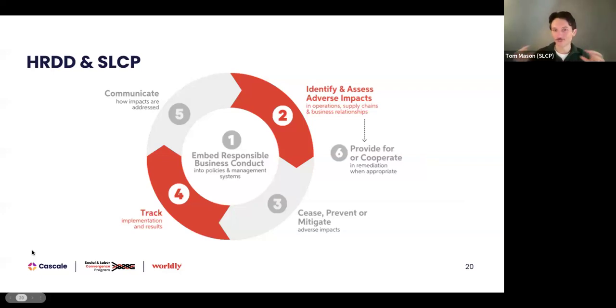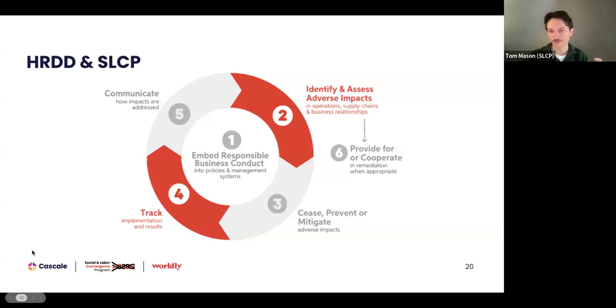As I mentioned, human rights due diligence is the primary framework around social compliance that's coming through in the EU, US, and beyond. SLCP's CAF can be used to help identify and assess impacts in the facilities in the supply chain. So this is a specific role in the 6-step framework, which is typically used to describe the HRDD process.